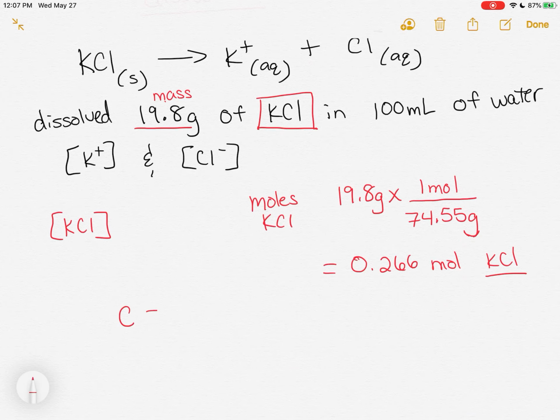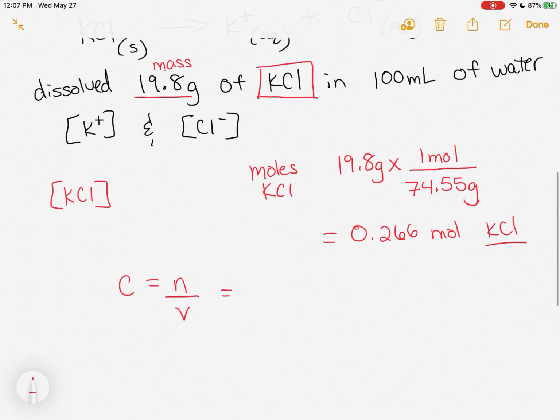Then if we want the concentration of potassium chloride, remember, concentration is moles divided by volume. So that's going to be our 0.266 moles, and our volume has to be in liters, so it'll be 0.100 liters.